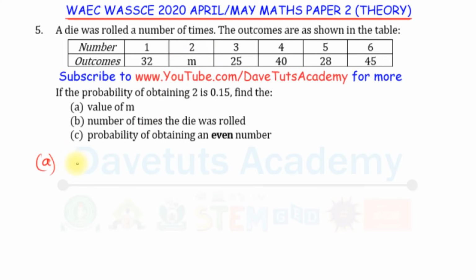But if you could recall, the probability is defined as the desired outcome over the total possible outcome. So this is the desired outcome that we are looking for out of all the possible outcomes.